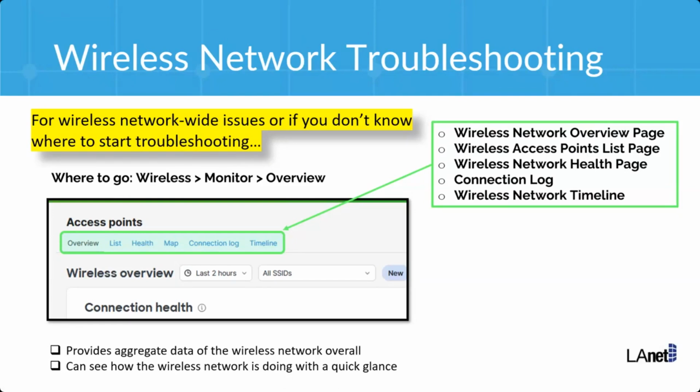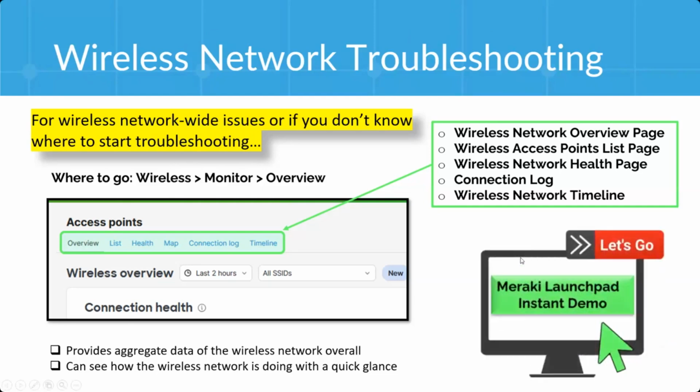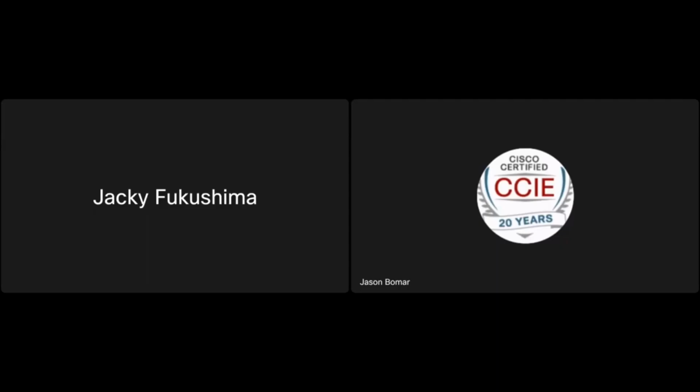When you go in here, there are some additional tabs at the top of the page that provide a little more information and data points that help you look into the overall wireless network. So let's get right into it. I'm going to switch over to the Meraki dashboard instant demo.